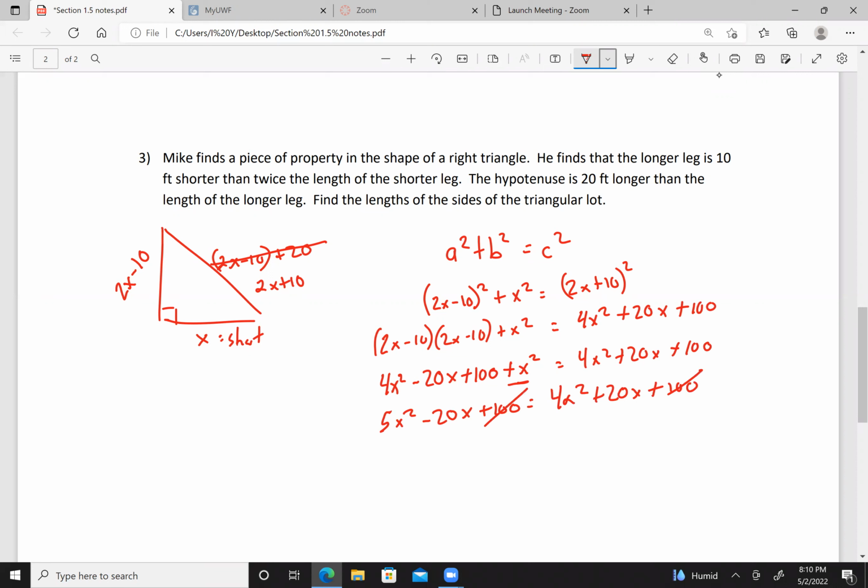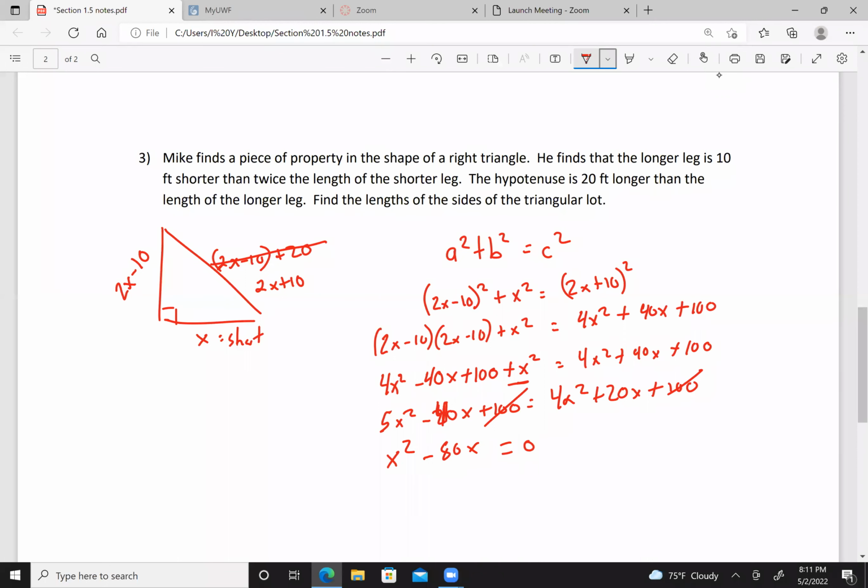The hundreds cancel each other out. So if I subtract 4x squared, I get x squared. I subtract 40x, I get minus 40 minus 40, which makes this minus 80x equals 0.